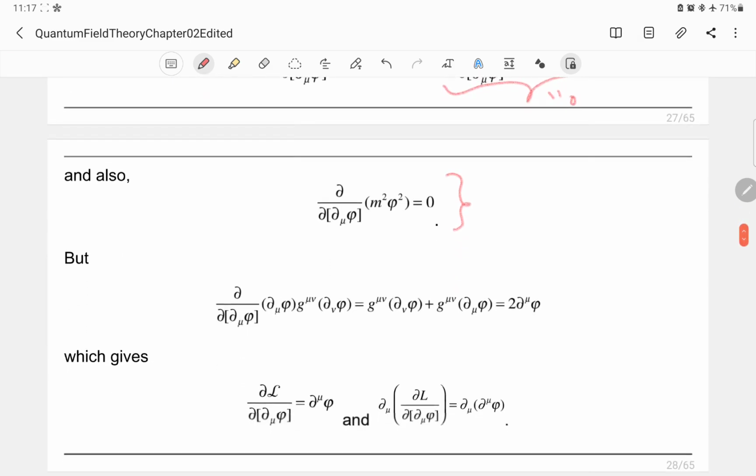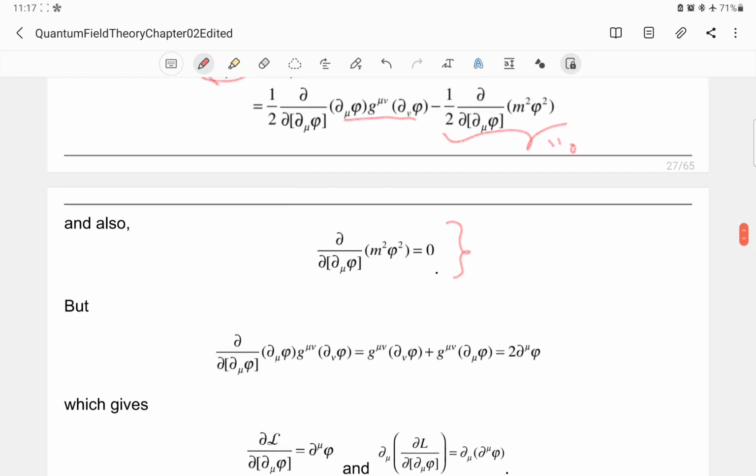So let's take a look at the first term here, this one. Now we have this one. So if we get the derivative, this is just g mu nu partial nu phi, plus we get the derivative of this with respect to this one here. So you can put this ahead of this term.